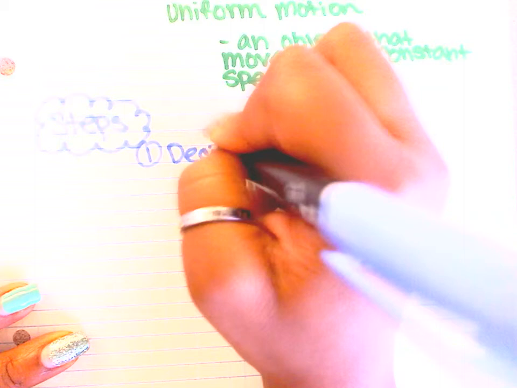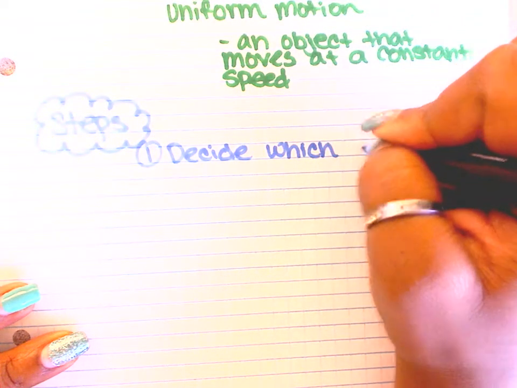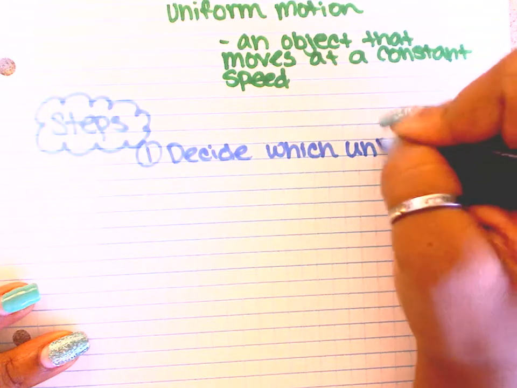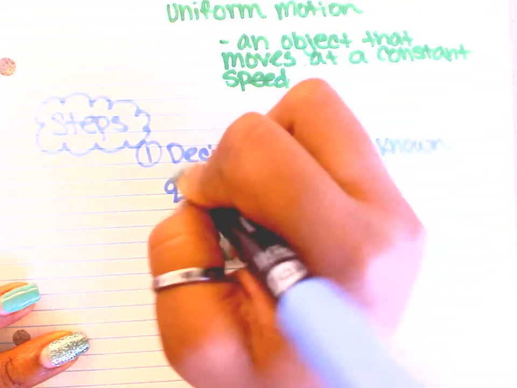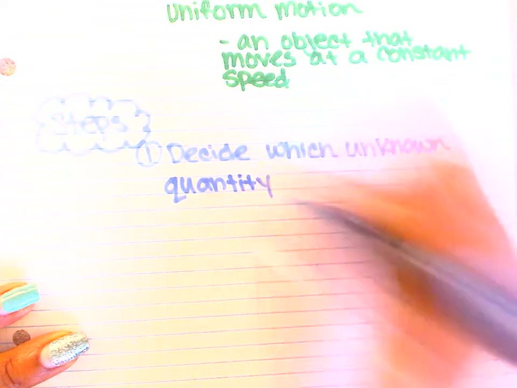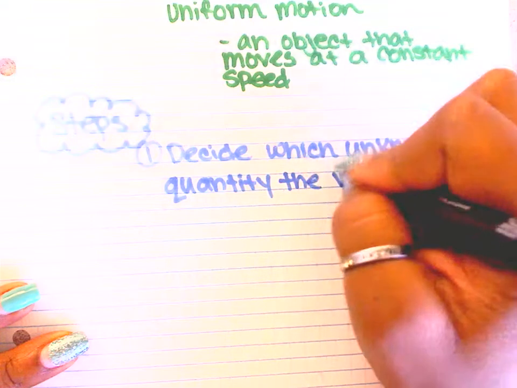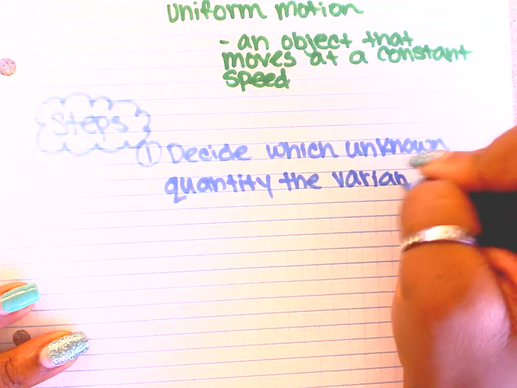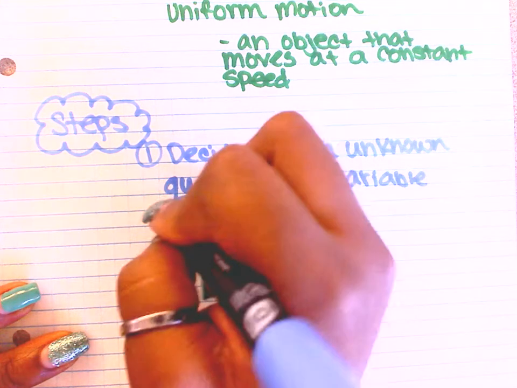First step, you're going to decide which unknown variable or unknown quantity the variable will represent.